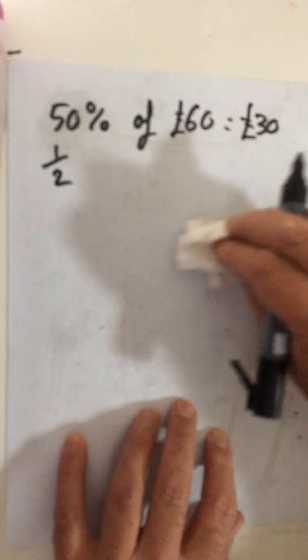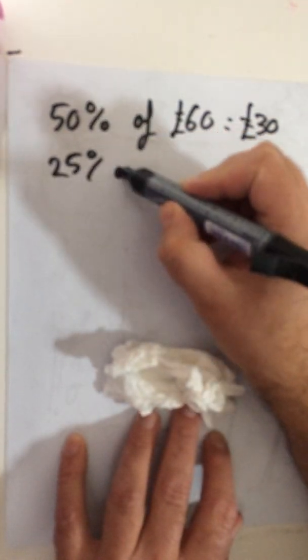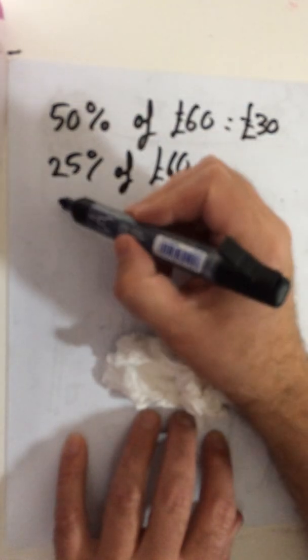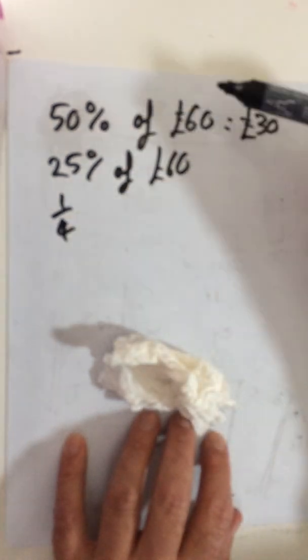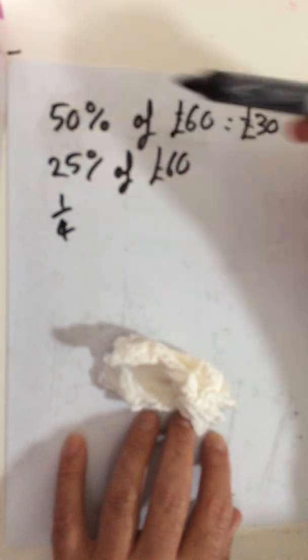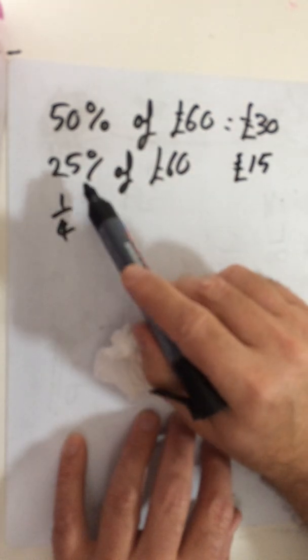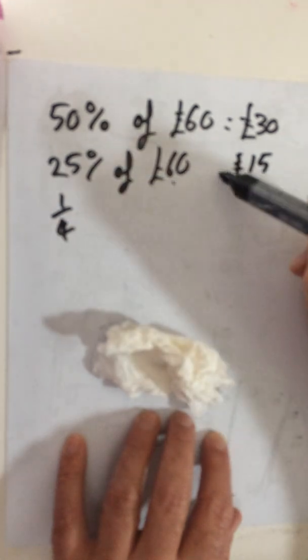If I wanted to find 25% of £60, I know that 25% is the same as a quarter, and to find a quarter you halve it and halve it again. So half of 50%, in this case £15, isn't it? 25% being a quarter of 60. Halve it again, and you get £15.